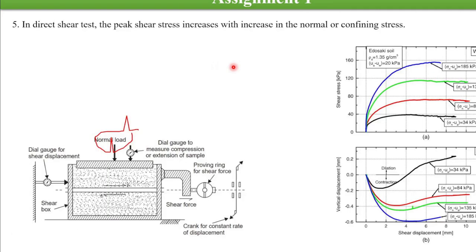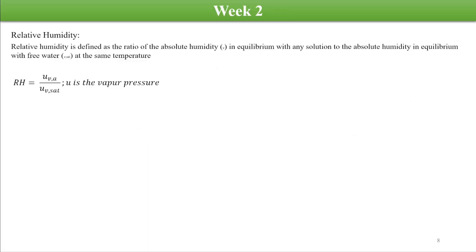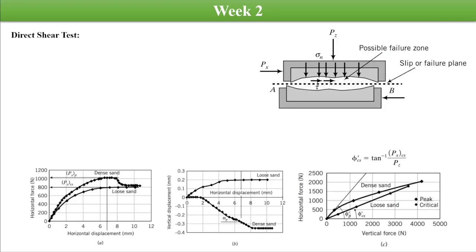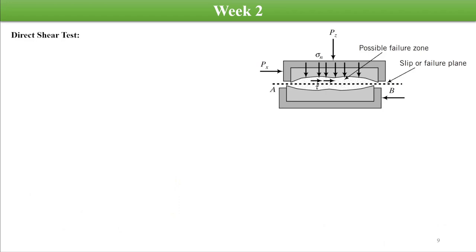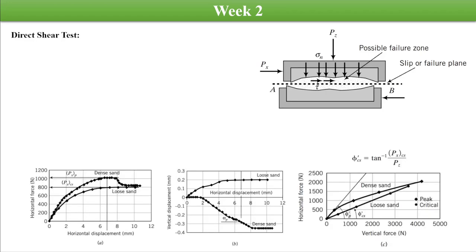Question number 5. While we were solving the question in the last assignment, we were about to discuss the direct shear test. What happens in the direct shear test is that there is a direct shear box in which the sample is kept.